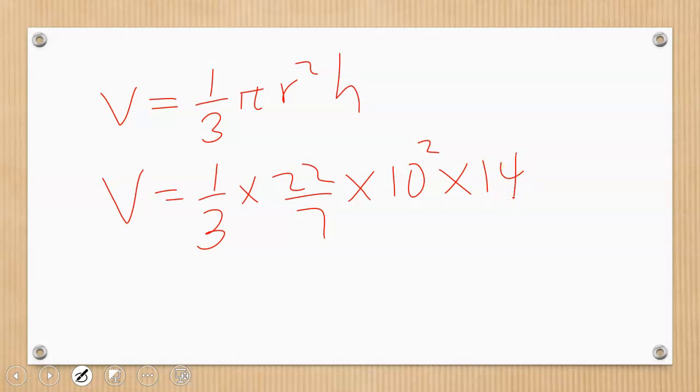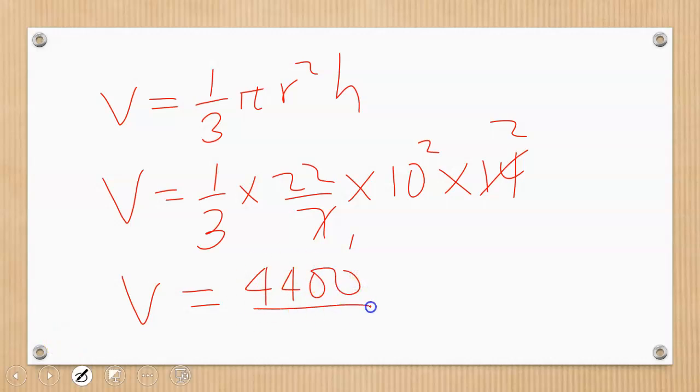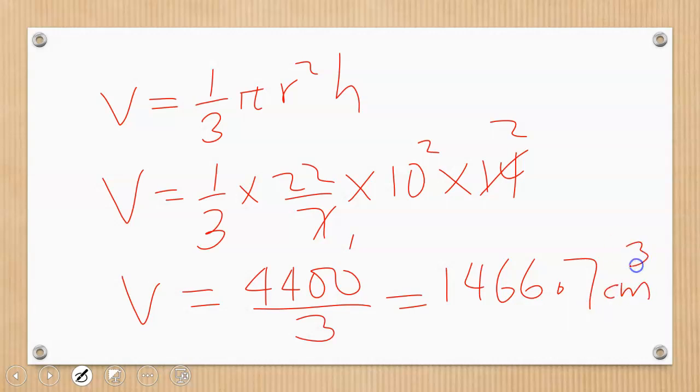So we can again do simple calculations here. 7 can divide itself, 7 can divide 14 by 2, and then we break it down. So our answer will be 4,400 over 3, or we can just write 1466.7 centimeters cubed because it's volume.